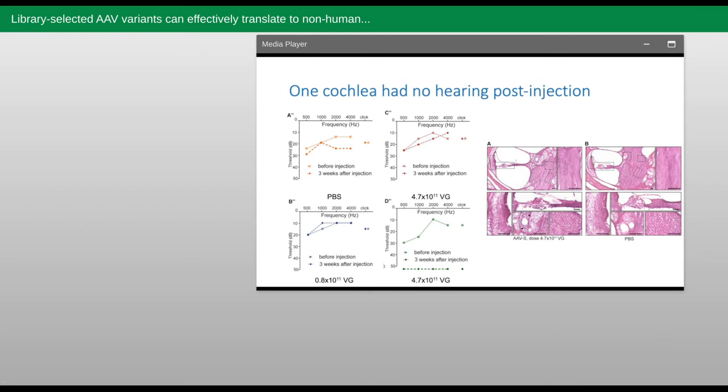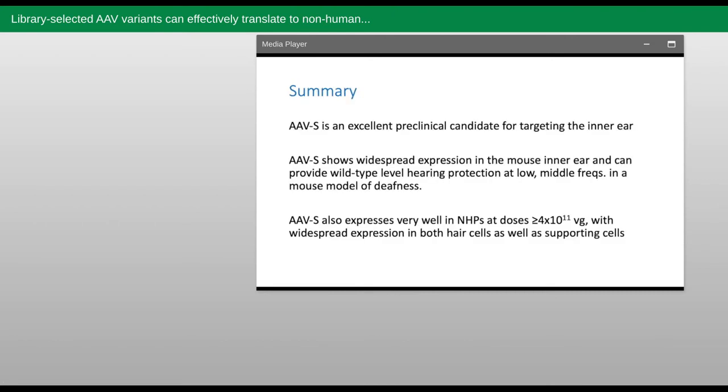So to summarize this last section, we think AAVS is really an excellent preclinical candidate for treating inherited hearing loss in the inner ear. In both the mouse and the monkey, we see really high levels of expression. In our Clarin1 USH3A model, we see really good levels of protection at low and middle frequencies.